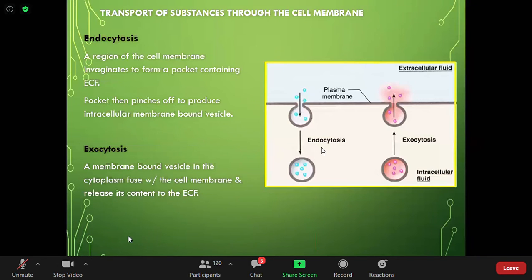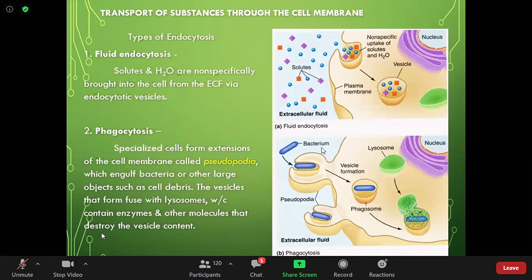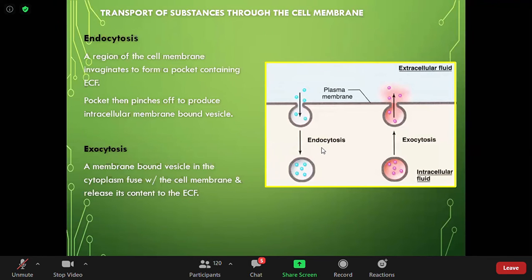Okay? We will go to endocytosis. A region of the cell membrane invaginates to form a pocket. If you are not sure of your answer, and somebody in the class knows, then you teach your classmates. Endocytosis: a region of the cell membrane invaginates to form a pocket containing extracellular fluid.